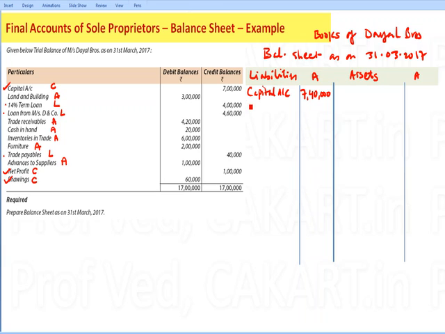So no problem. 14% term loan and loan from D and Co and trade payable. So these are the only three liabilities. Term loan is 4 lakh rupees and D and Co is 4 lakh 60 and trade payable is 40,000.